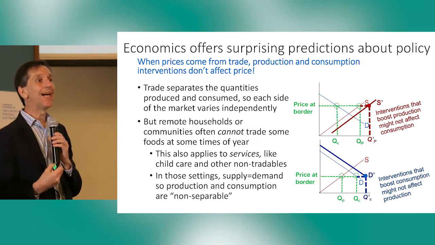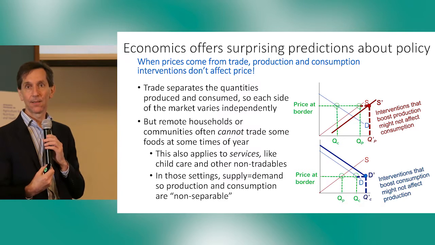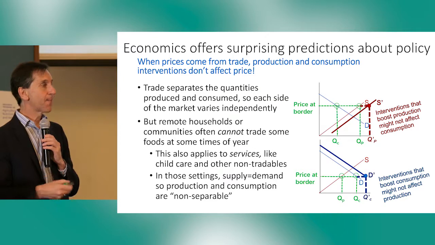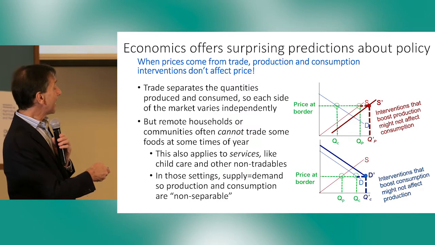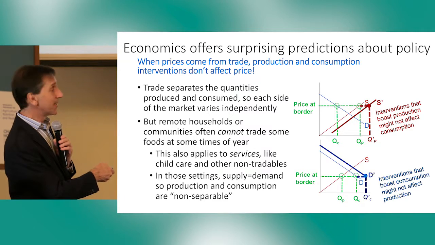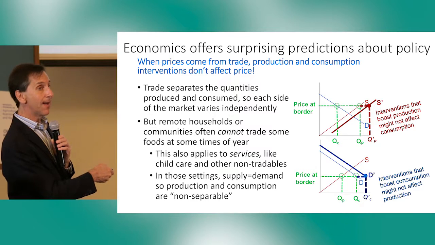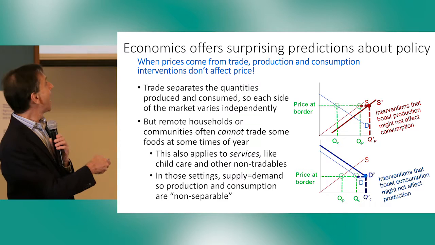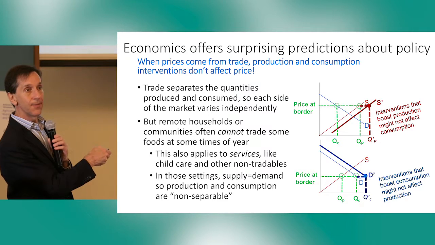This is the idea of separability, that as long as there is active trade in something, production is separate from consumption by the amount of trade, and a policy that changes demand has no effect on production, and a policy that changes supply has no effect on consumption.